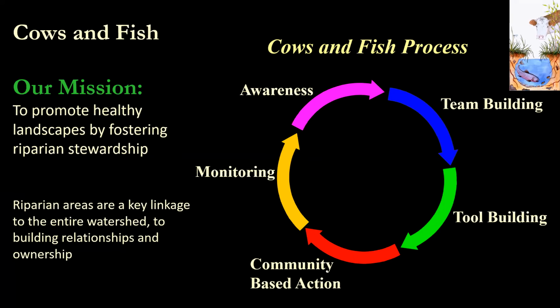Community-based actions is getting communities to work together to take action, in this case on, say, fish, on riparian health and improving our watersheds. And monitoring, of course, is both ecological, but also monitoring the kind of work we do in terms of social sciences and effectiveness. And really, riparian areas, like Amy alluded to at the beginning, are just a door-opening exercise to bring people together to talk about land and water management, land and water challenges and issues, but also solutions. And so I hope that's what I'll share with some of you tonight.